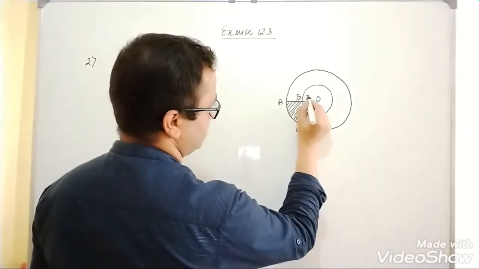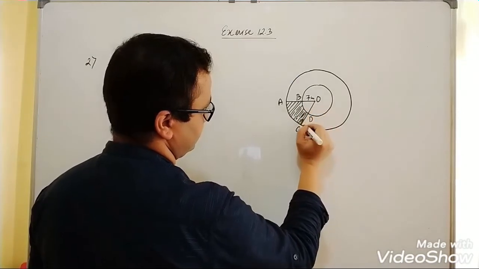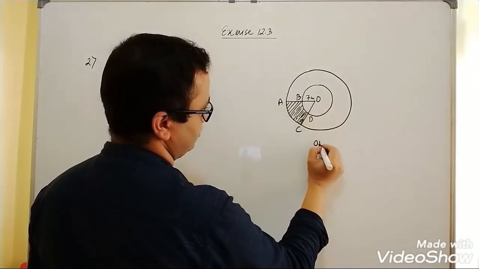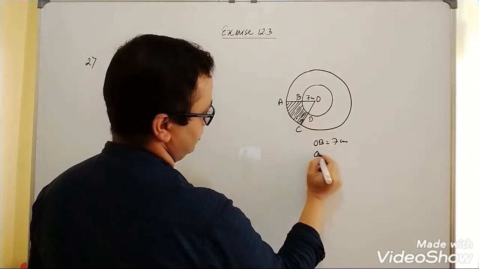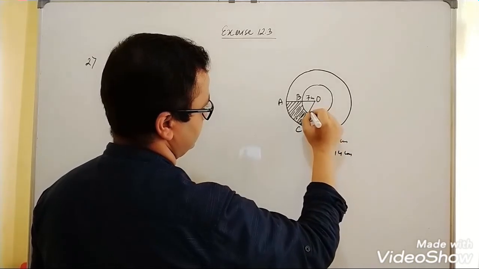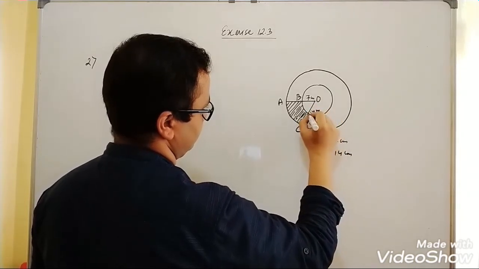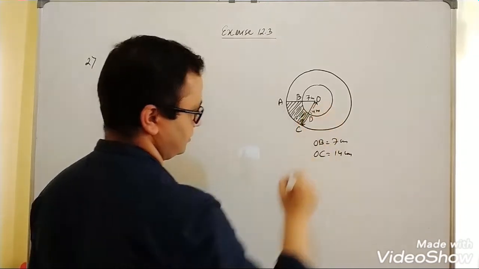So OB is 7 cm and OC is 14 cm. OB equals OD equals 7 cm, and OC equals OA equals 14 cm.